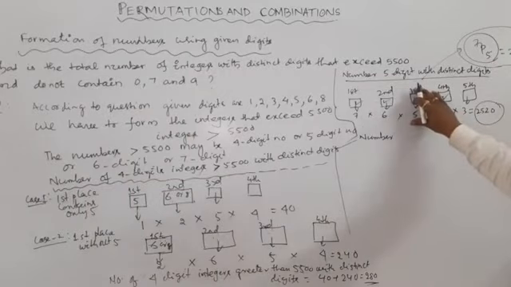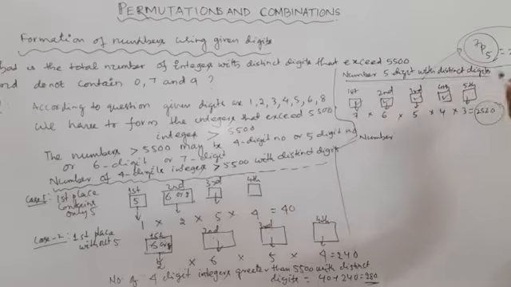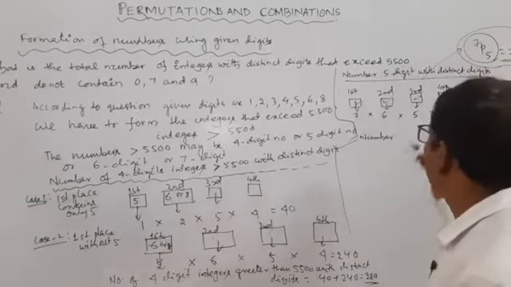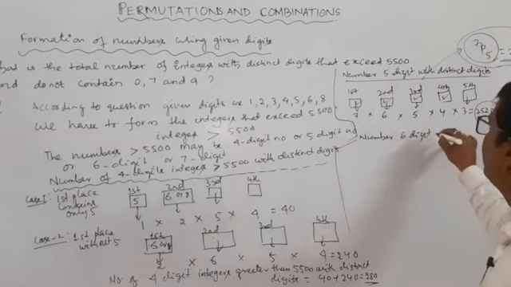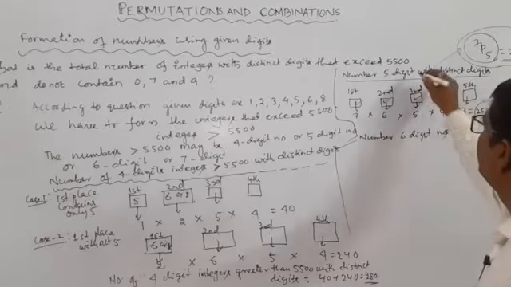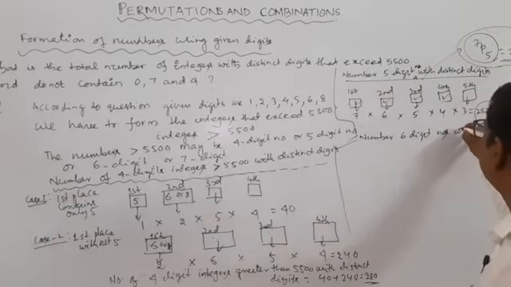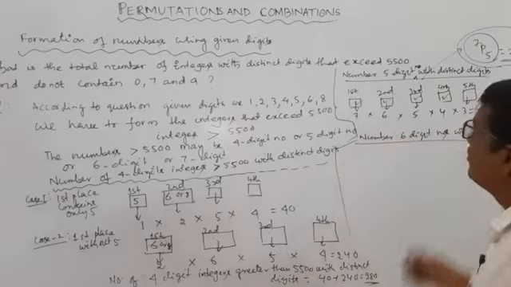This is the fundamental principle of counting, or you may use 7P5, since there are 5 places for 7 digits. Now the number of 6 digit numbers with distinct digits, you may write 7P6.